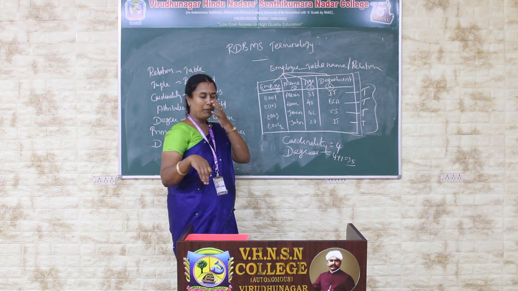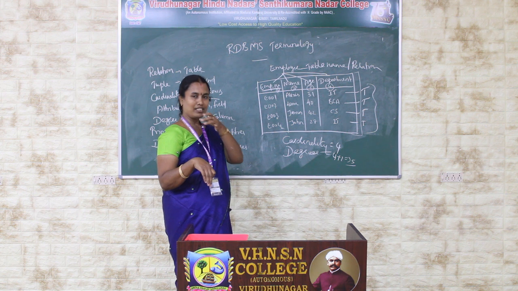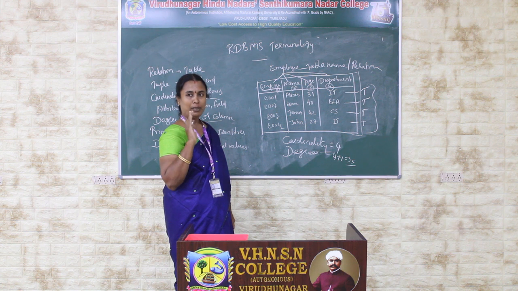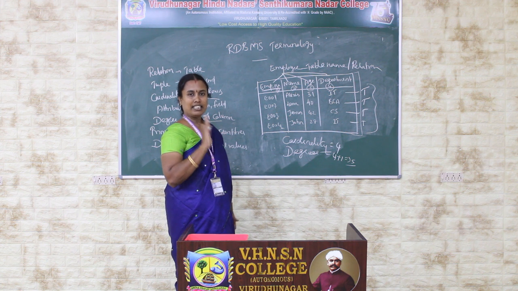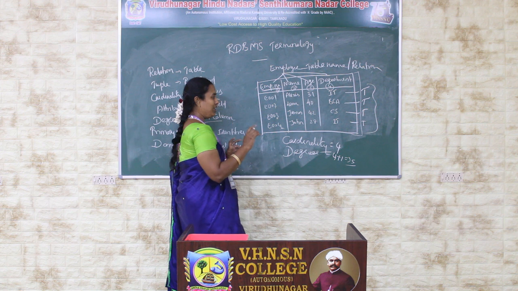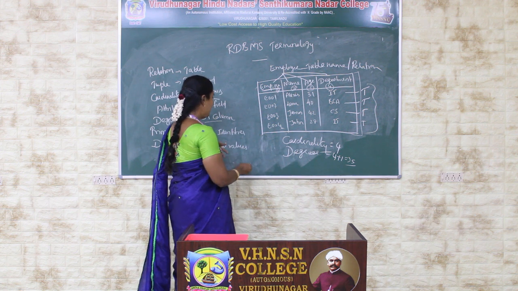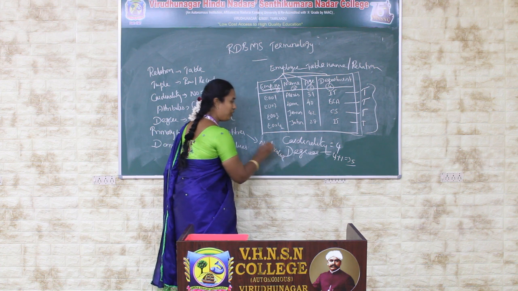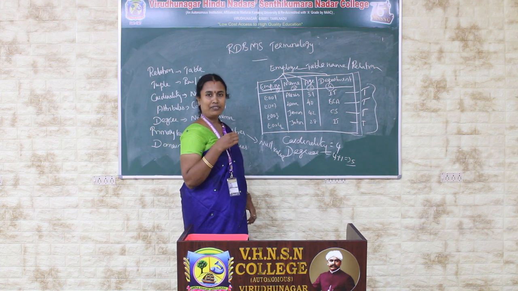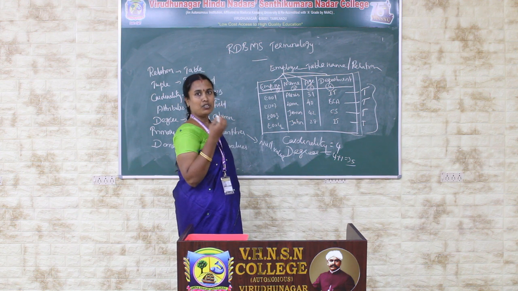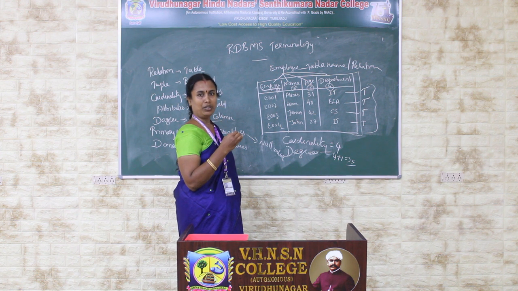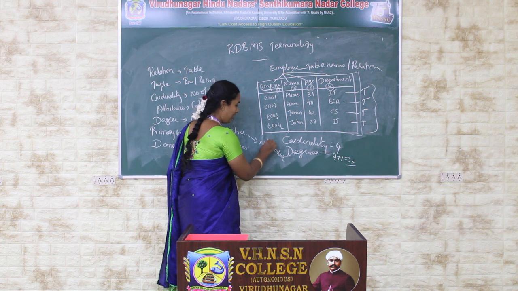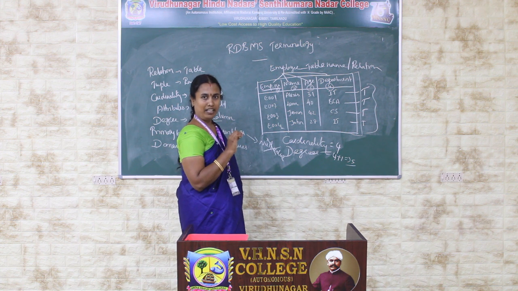It is not possible to assign the same employee number to more than one person. For that purpose we must assign the primary key. And also one more thing you have to note: the primary key does not contain a null value. This field is used to identify the record in a particular table, so we are not able to give a null value in that field. Only a not-null value can be assigned. Null value is not allowed in the primary key.